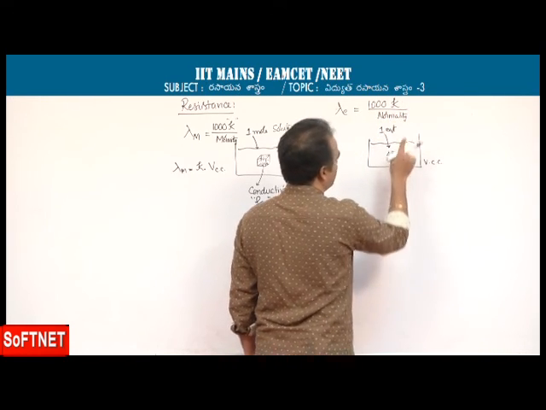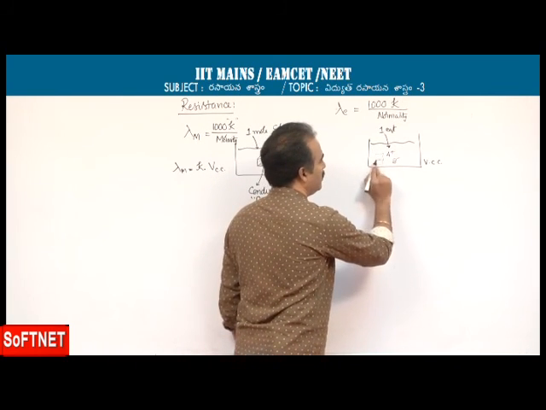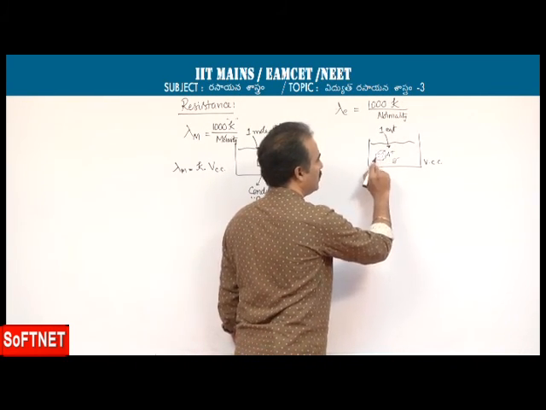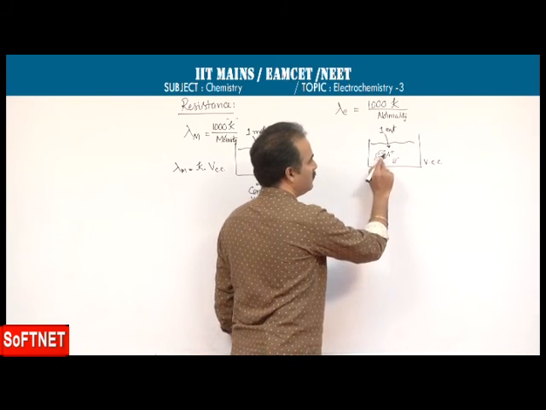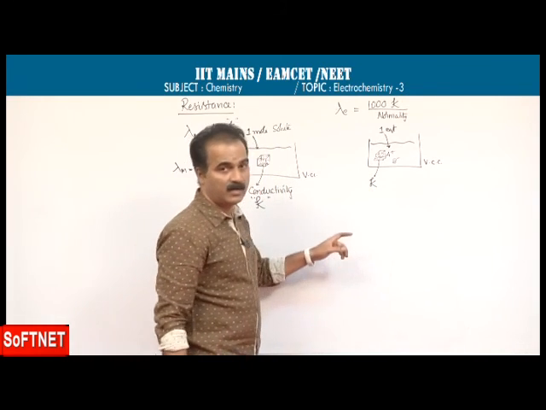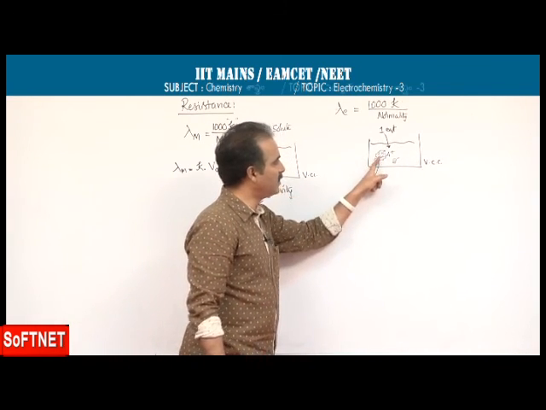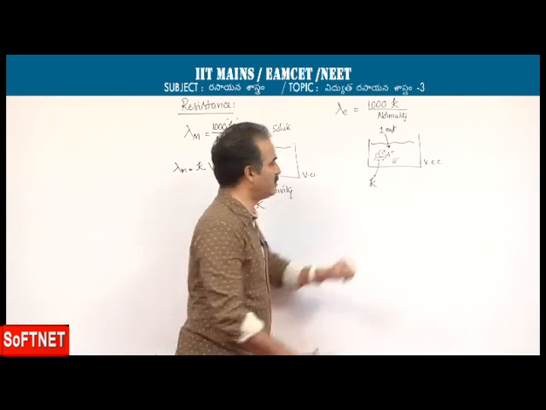Normality is the concentration of this solution. 1 cc will show certain conductance. We call it what? Specific conductance. This is for 1 cc, and there are V cc of solution.